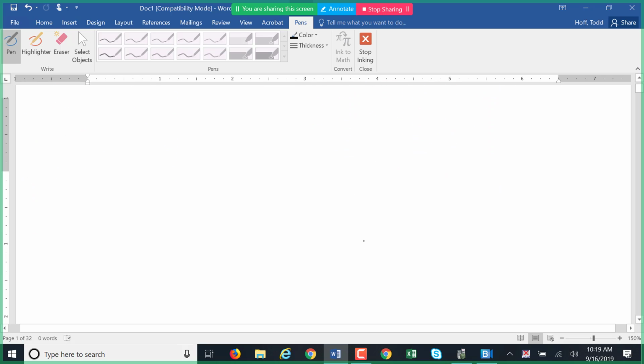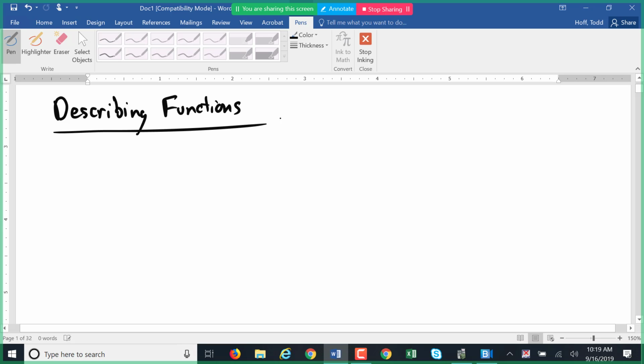Often we are concerned about describing functions. And one of the things that is most telling for us for describing functions is increasing or decreasing.